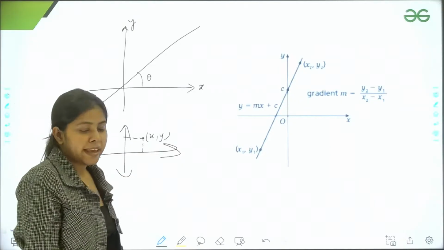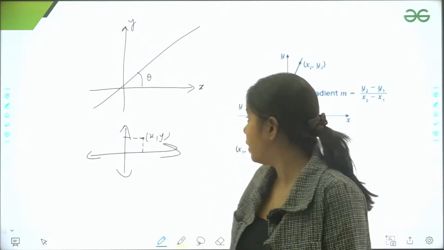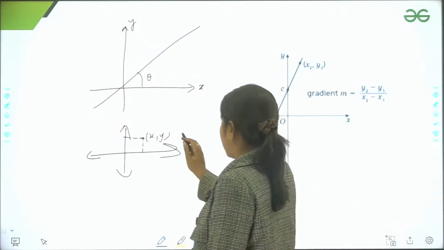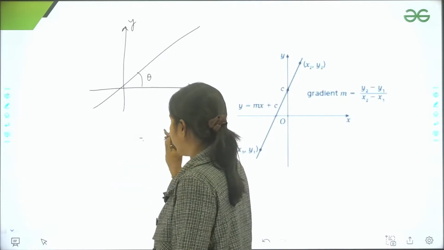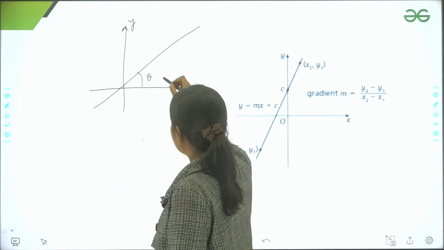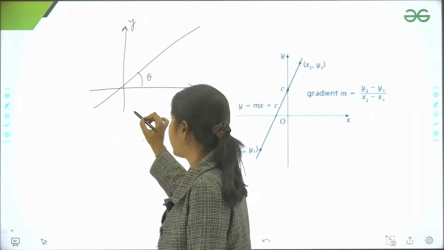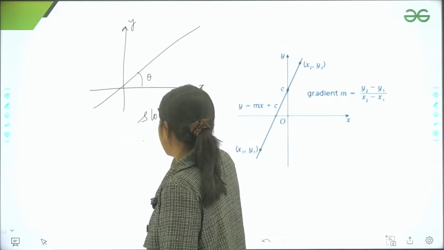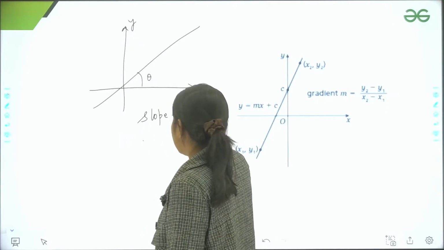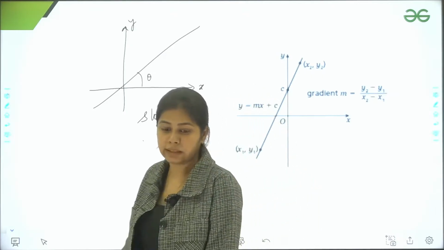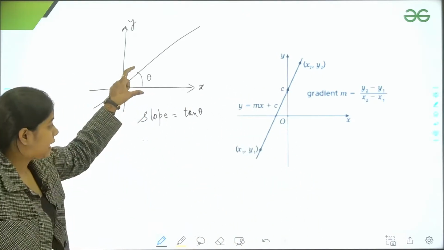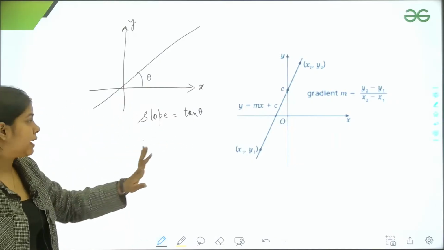If x comma y is my coordinate, now I want to find out the equation of a line. For the equation of a line, first I have to understand what slope is, right? Slope is the tangent of the angle made by this line. Slope is equal to tan theta. So I'll take theta here and apply tangent, then I'll get the slope.